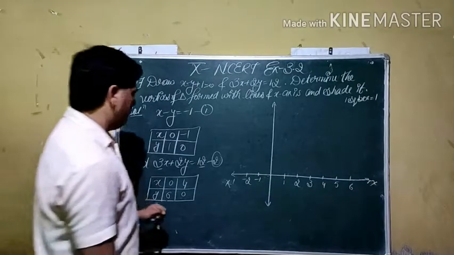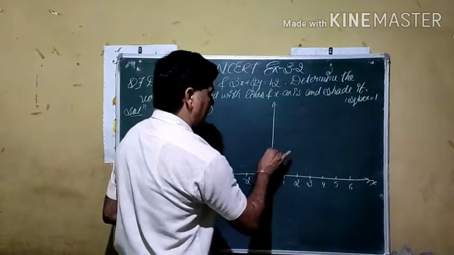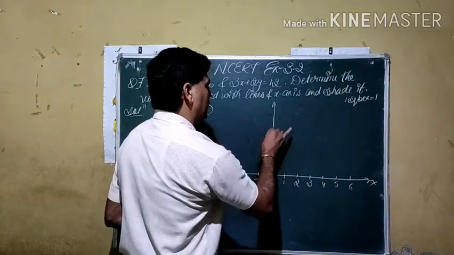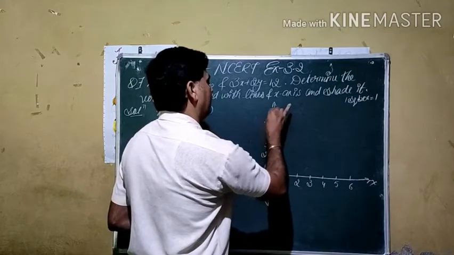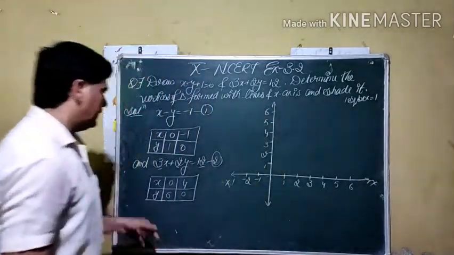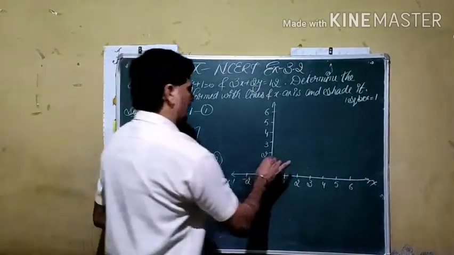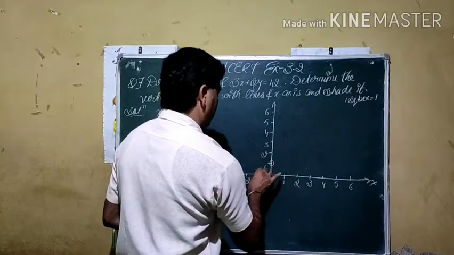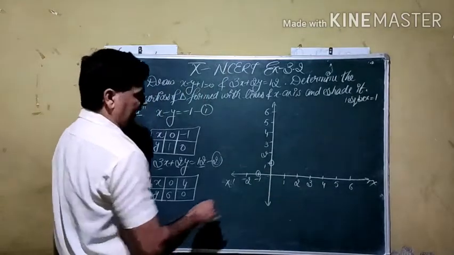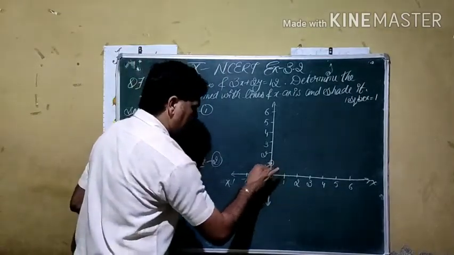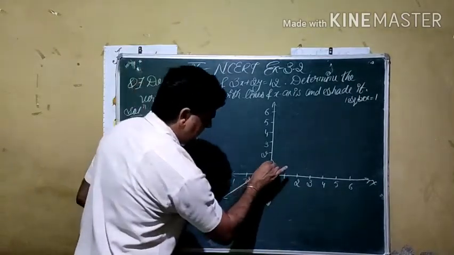On the y-axis we require a maximum of 6: 1, 2, 3, 4, 5 and this one is 6. If we represent line number 1, the points are 0, 1 and -1, 0. These are the points on the y-axis and x-axis. If we join them, we get a straight line like this.